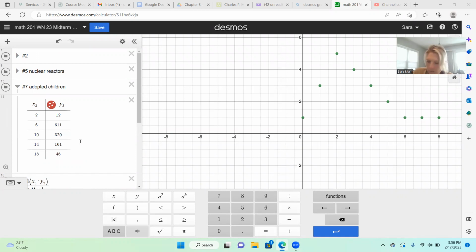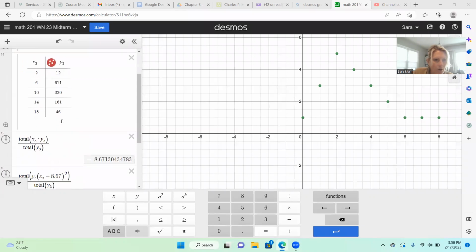To do the weighted mean, we have to take into account both columns, because the 12 means that I really have 12 people at the age of 2, and I have 611 people at the age of 6. So to find that weighted mean, I have to take the total of their products. So I have to multiply the 2 columns together and then divide by the total frequencies, which is your Y column. So the mean is 8.67.